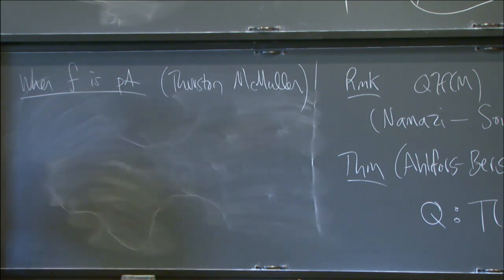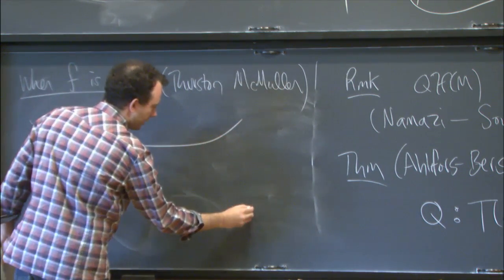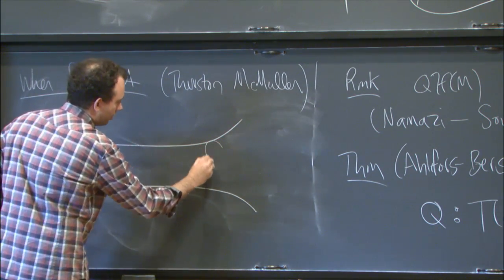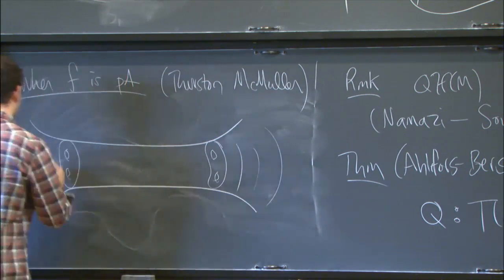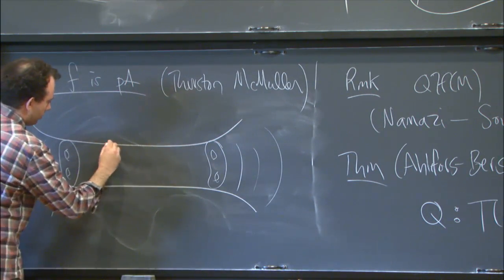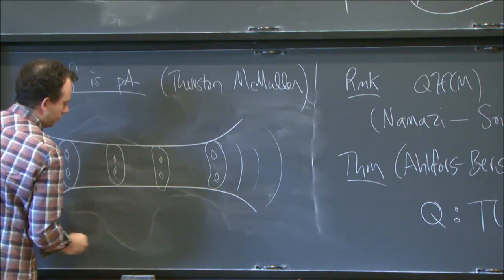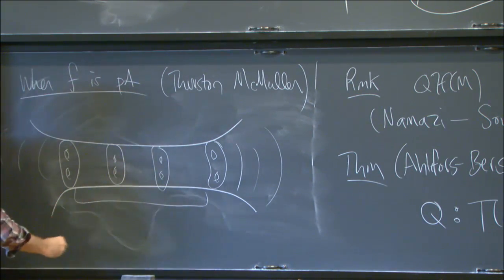So what's the picture when f is a pseudo-Anosov map? Well, in this setting, what happens is that geometrically, the convex core of this three-manifold lengthens.